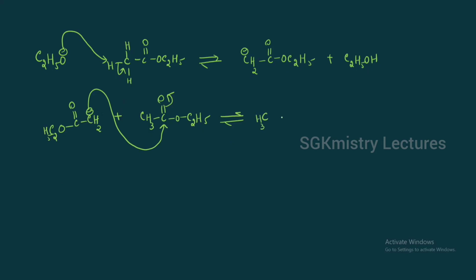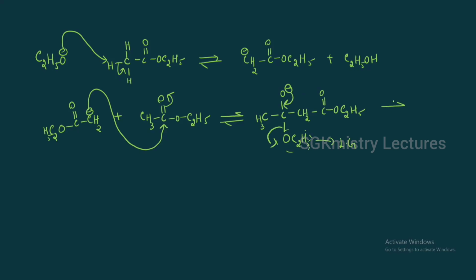So we have CH3, this becomes O minus, here there is OC2H5, and there is CH2, C double bond O, OC2H5. Now it is very clear this is a leaving group, so this comes back and this is removed.